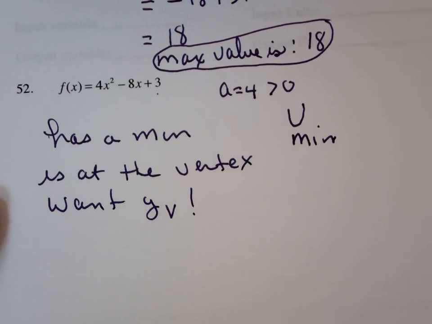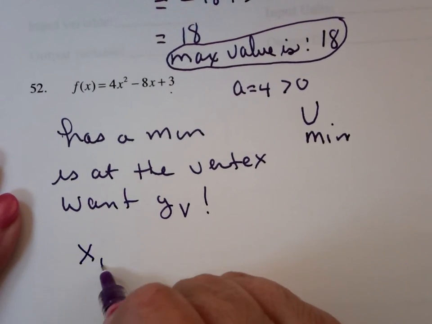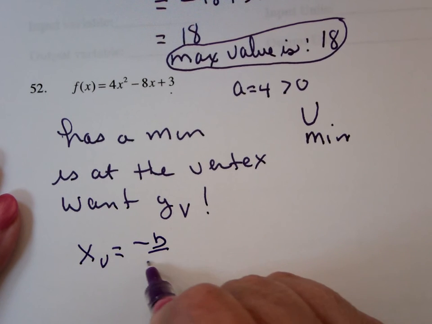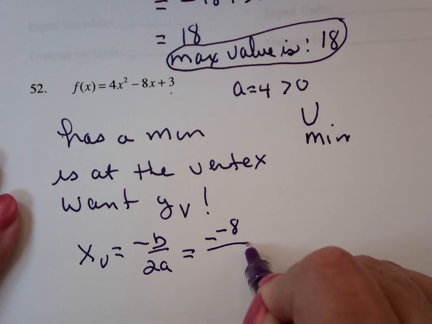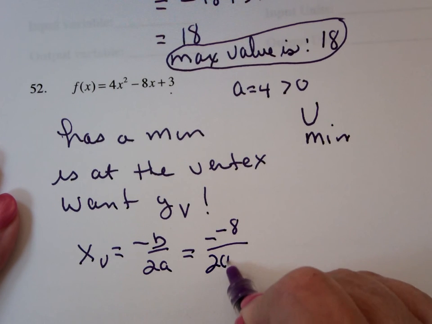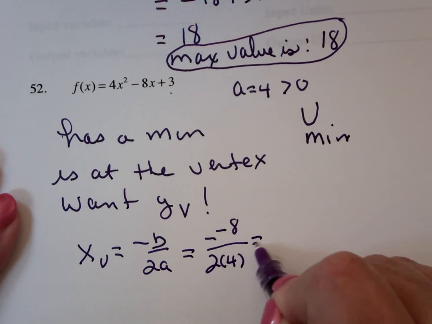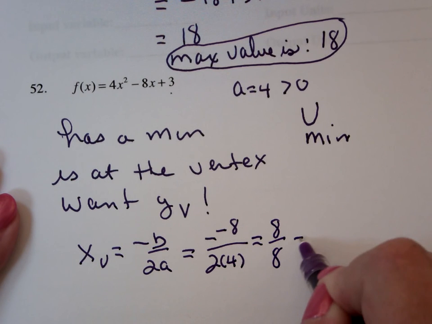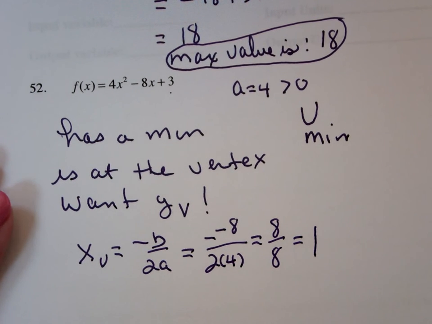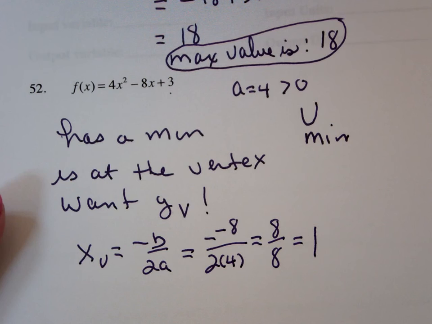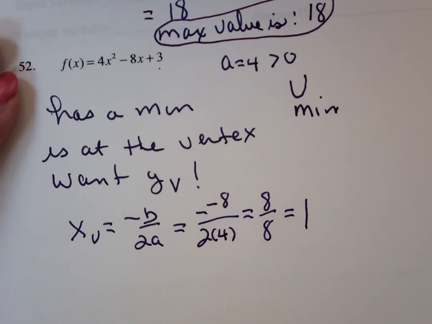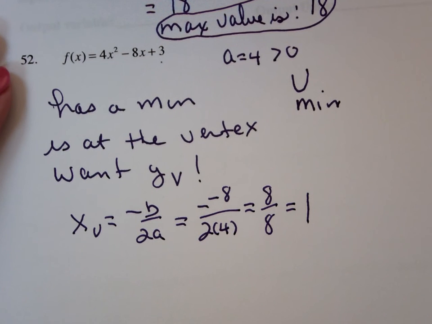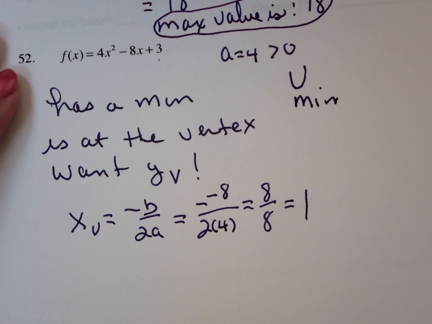So to get y sub v, we need x sub v, which is minus b over 2a, which is minus minus 8, oh, isn't this cute, over 2 times 4, which is 8 over 8, or 1. Oh, I love it when numbers come out nice. Woohoo! Would be nice if real world numbers were that nice, but unfortunately they're not.